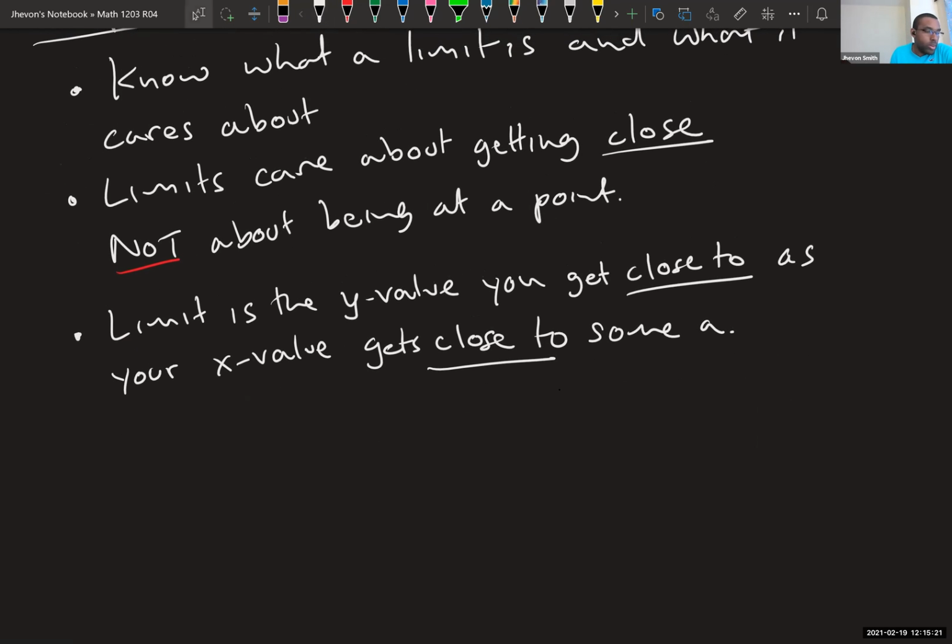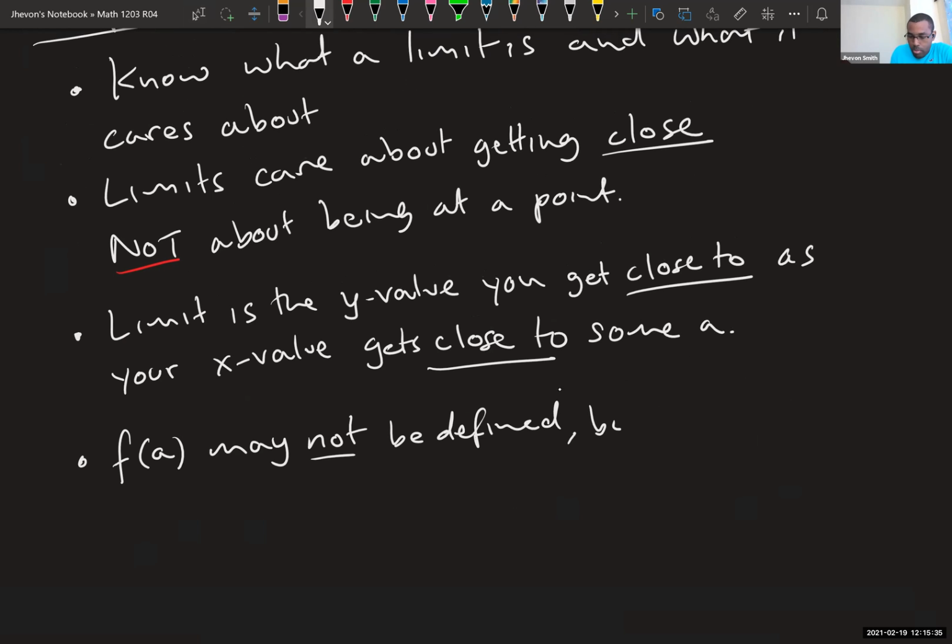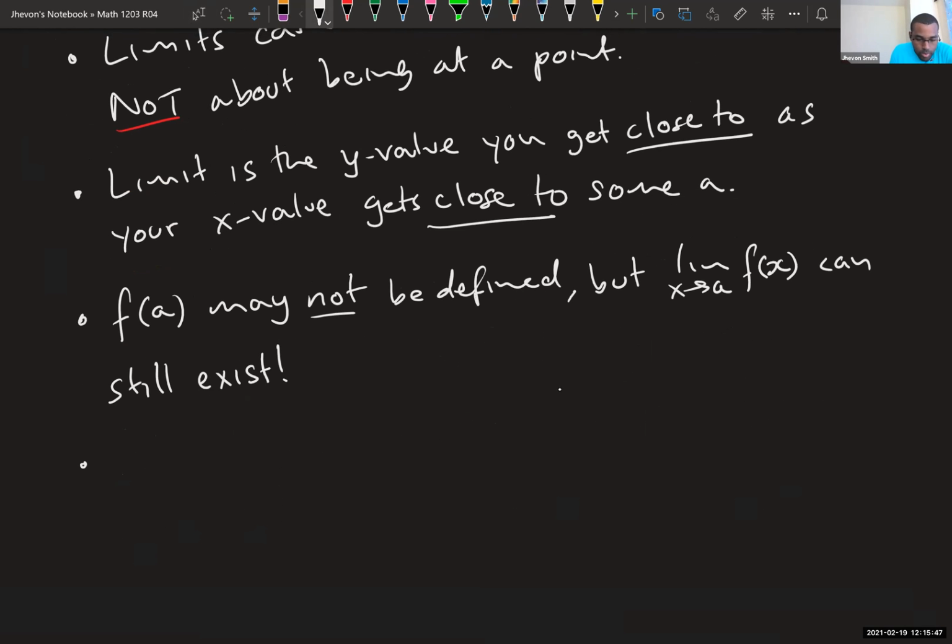That's very important. What else? So yeah, your f of a may not be defined, but the limit as you approach a of the function can still exist, right? So I want you to have that idea in your head.